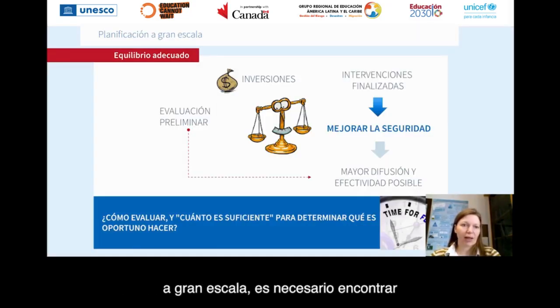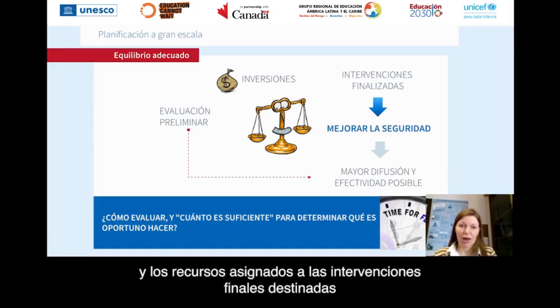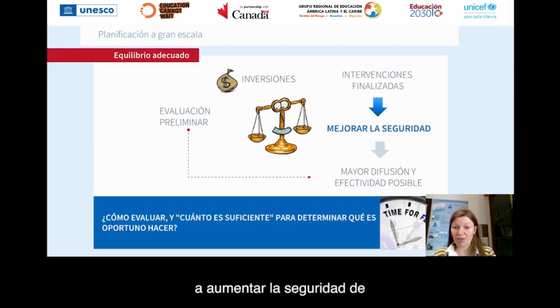So, when planning on a large scale, there is the need to find the right balance between the resources allocated for the assessment and the resources allocated for the final interventions aimed at increasing the safety of the learning facilities.